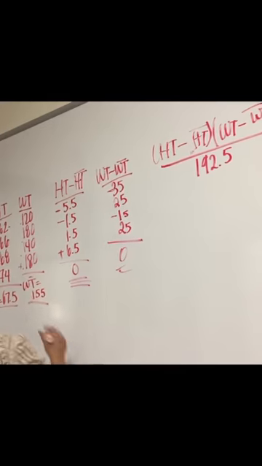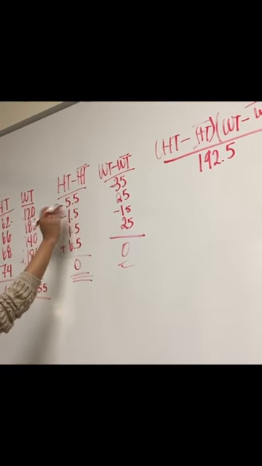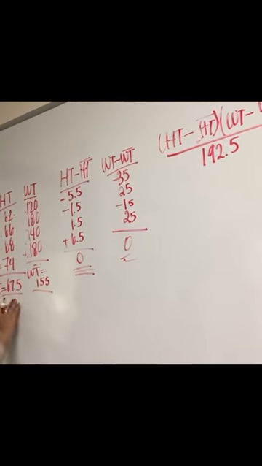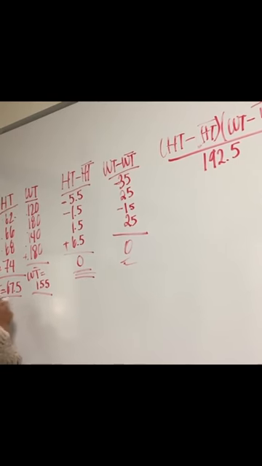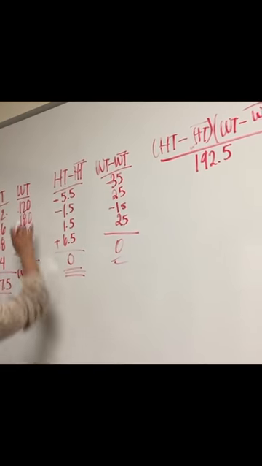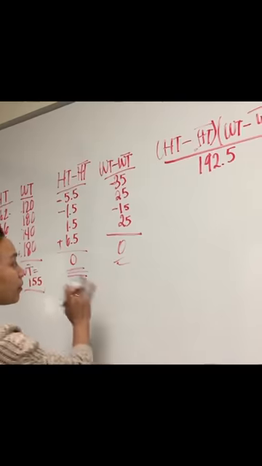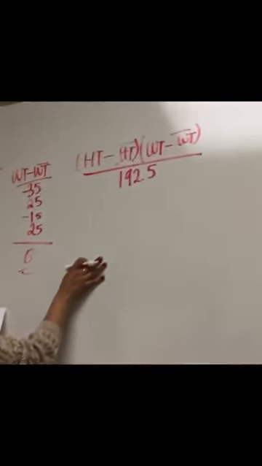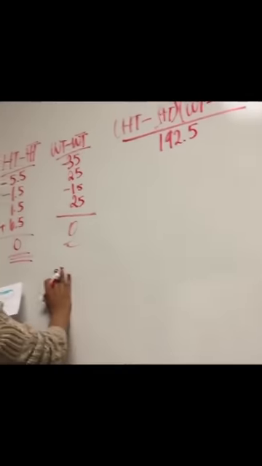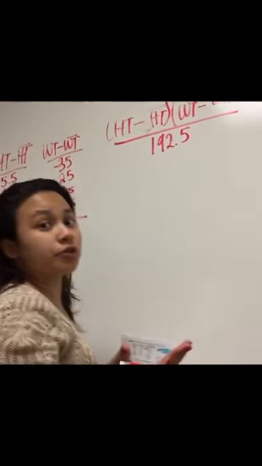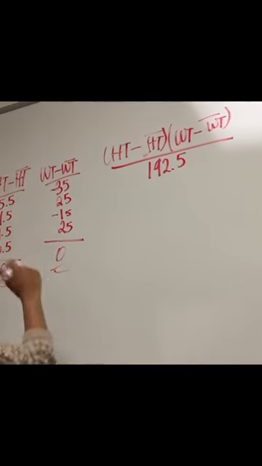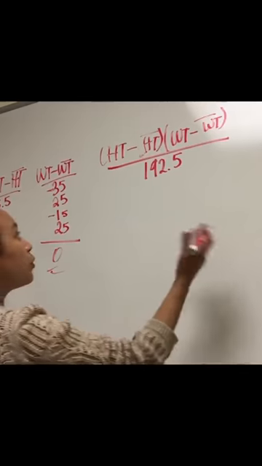So our answer is 192.5. Remember, to get the height minus the mean of height, you simply subtract 62 minus 67.5, and we do the same with 120 minus 155. This is all just to find the covariance, which we haven't even plugged into the original formula yet. These are just basic mini steps to get to what we need.